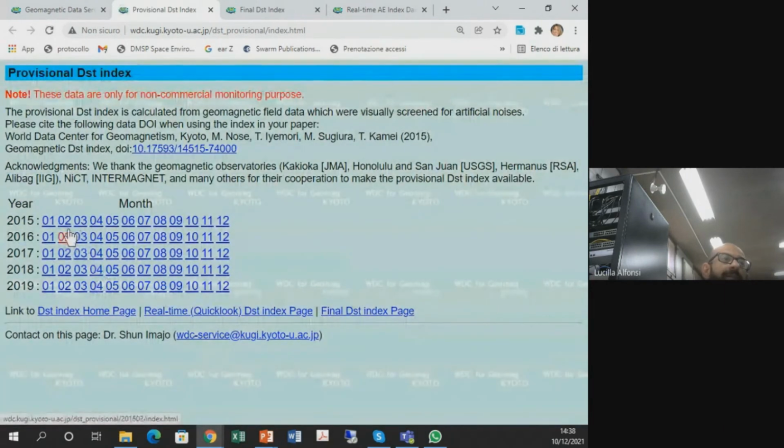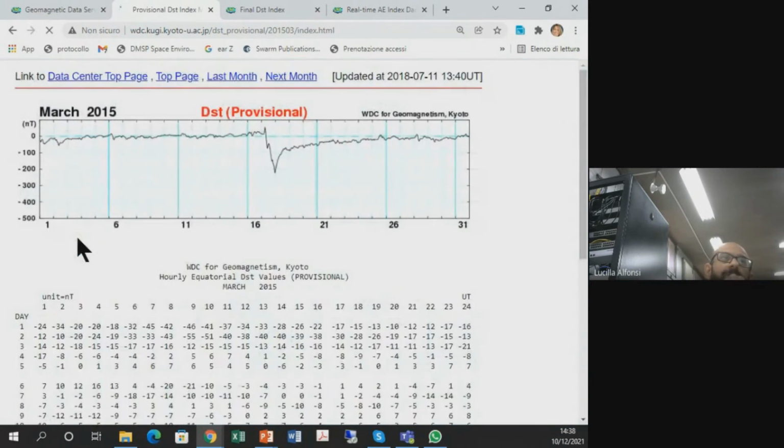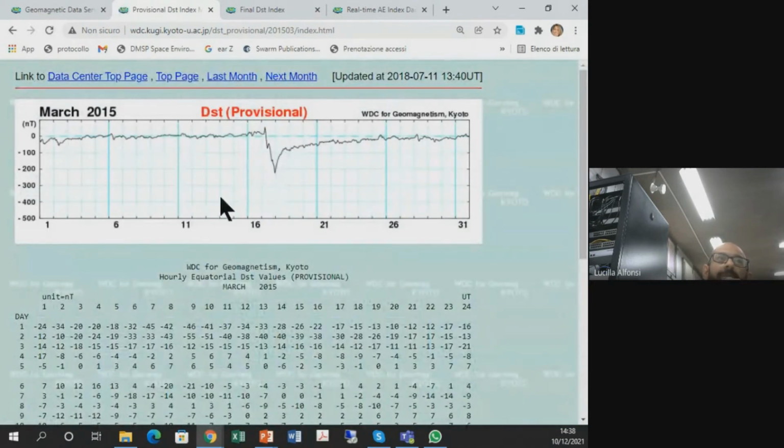And we can select, for example, our St. Patrick Day storm. Here we go. Here you can recognize the DST. So we have the monthly plot of the DST, that is very useful to get the information about the DST disturbances during the geomagnetic storm.